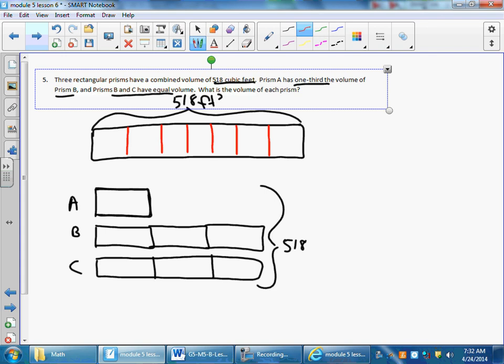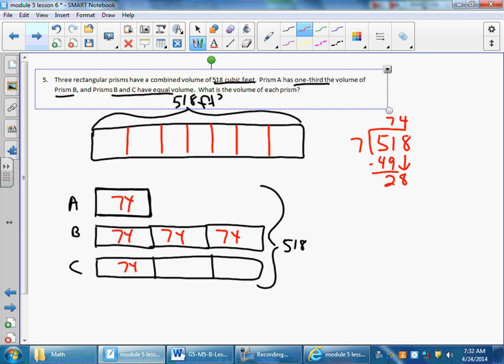But regardless of which way I'm looking at this, I should think to myself that I need to do a standard algorithm of 518 total divided into 7 parts. And do a standard algorithm. Each of those parts should be 74.